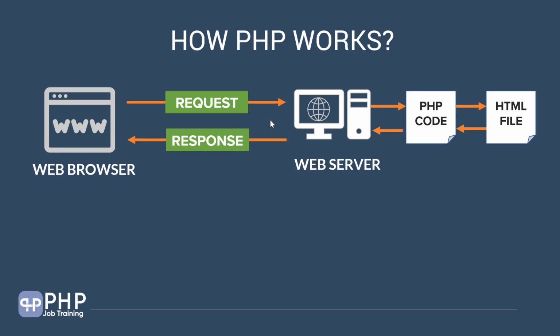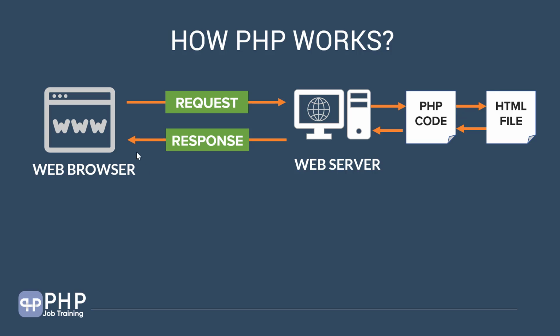So web browser is requesting for that PHP code. It will send the request to the web server. The web server will execute this PHP code, generate the HTML file, whatever the content of the file is, and then that content is pushed back as a response to the web browser. However, we haven't discussed the file names and all those things, but the web browser only understands HTML. It doesn't understand what PHP is.